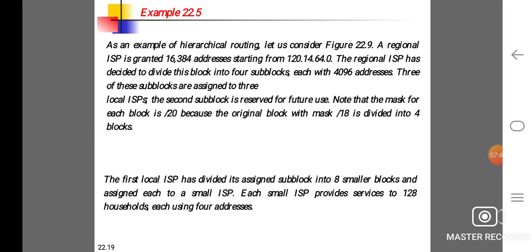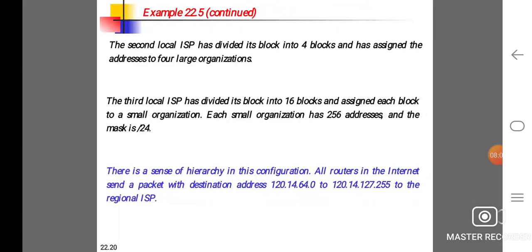Note that the mask for each block is /20 because the original block with mask /18 is divided into 4 blocks. The first local ISP has divided its assigned sub-block into 8 smaller blocks and assigned each to a small ISP. Each small ISP provides services to 128 households, each using 4 addresses.